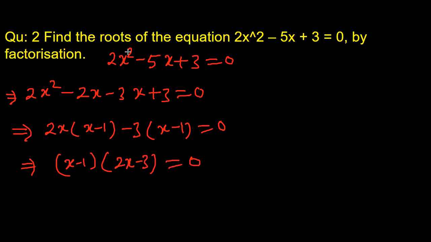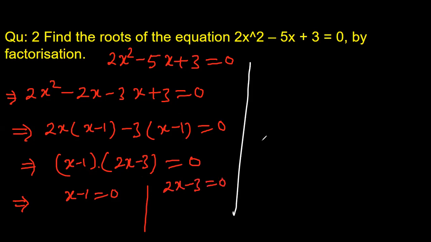Again, we have got two linear factors, and their product is 0. That means either one of these two factors, or both, are 0. So we can say this implies either x minus 1 equal to 0, or 2x minus 3 equal to 0.